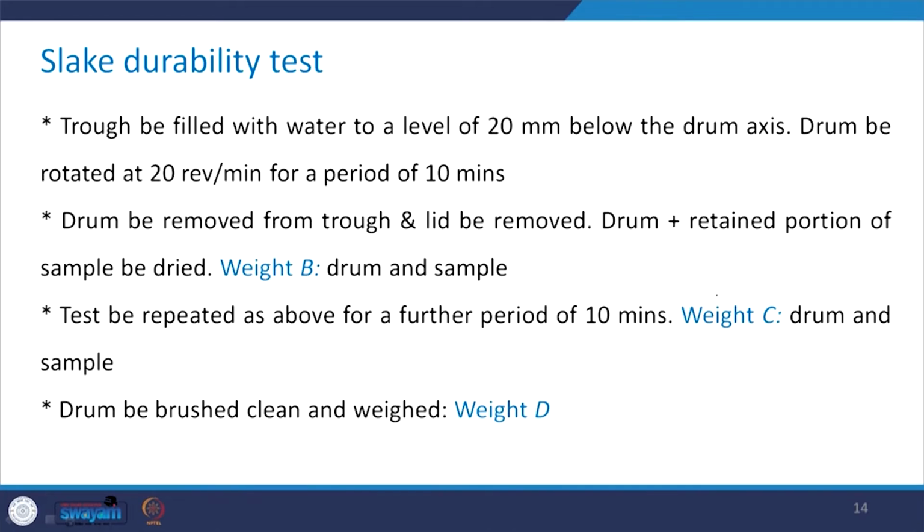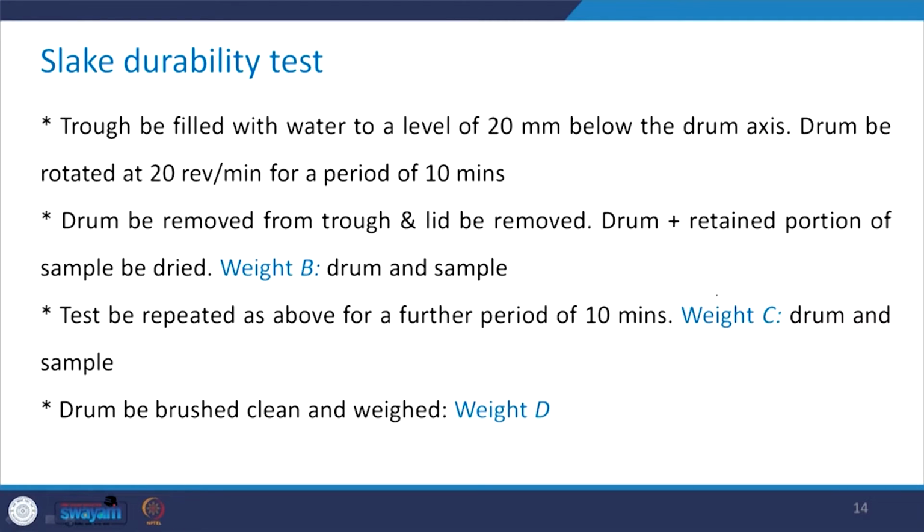Then this trough is filled with water to a level of 20 millimeter below the drum axis, and the drum is rotated at 20 revolutions per minute for a period of 10 minutes. So, what will happen because of this action?